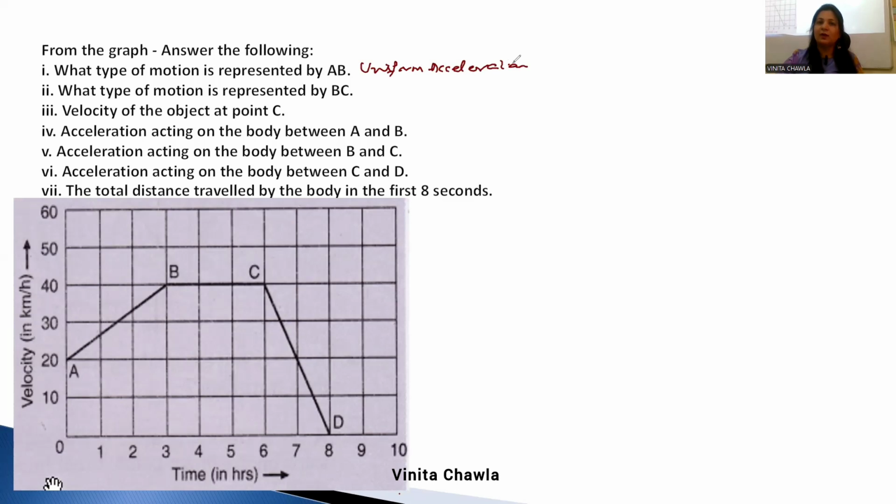Uniform acceleration. Next question. What type of motion is represented by BC? Velocity is constant. Yes, it shows constant velocity.